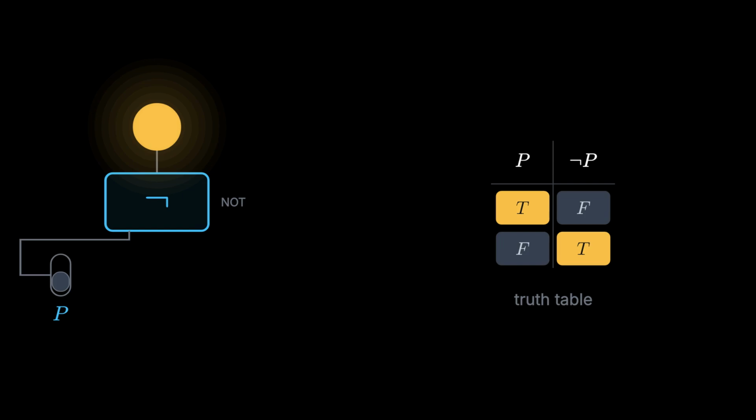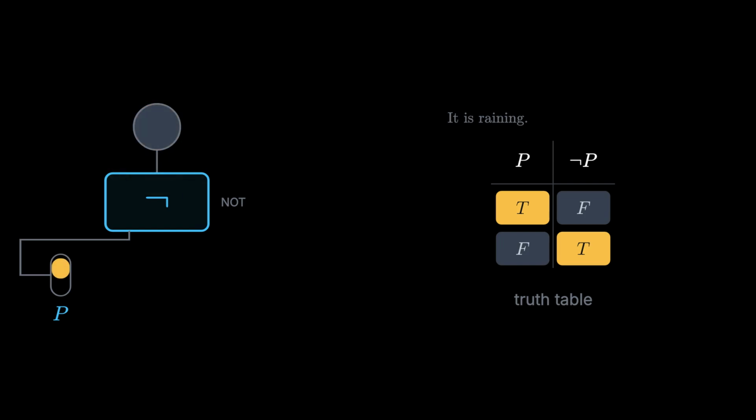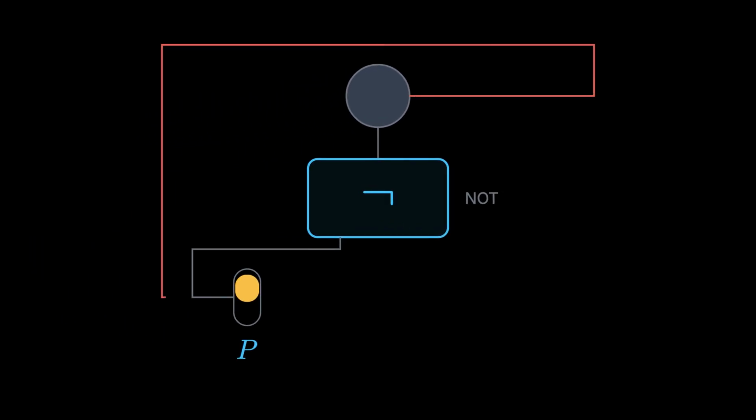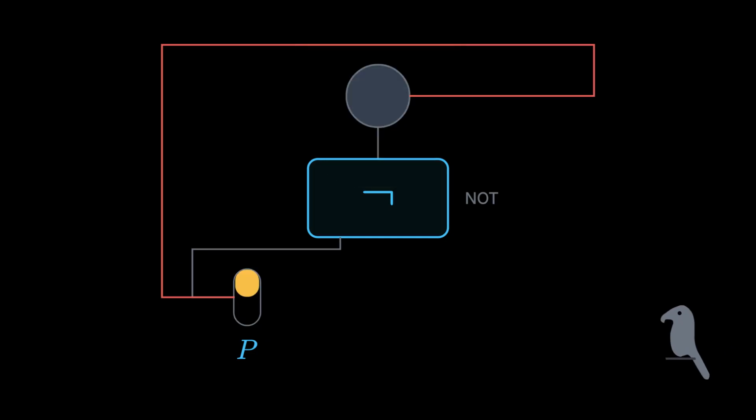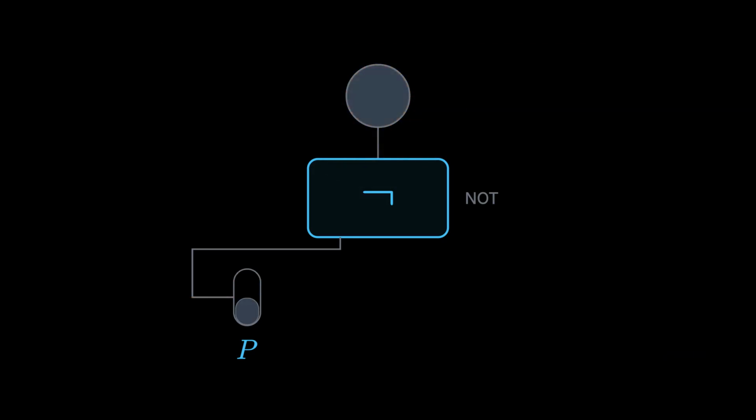It is raining is true, so it is not raining is false. Nothing surprising. Yet. Though, watch this. Wire the lamp back into its own switch. Never settles. Hold on to that.